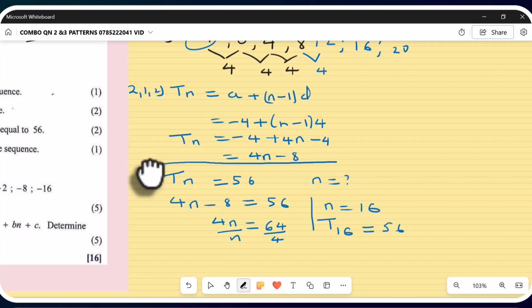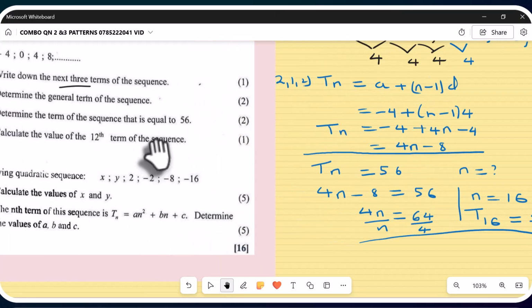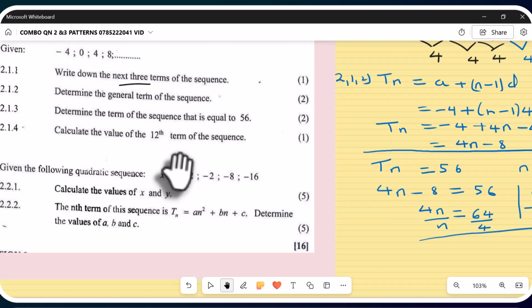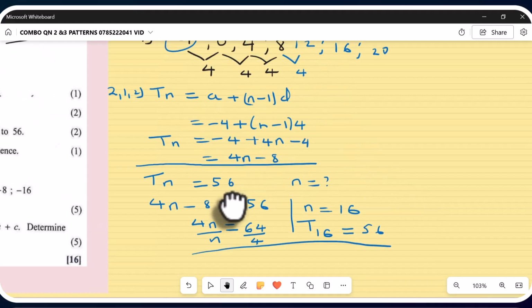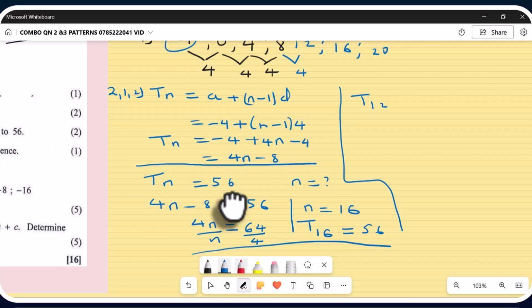Negative 2 minus 2, that's negative 4. Then negative 8 minus negative 2, that's negative 6. Then negative 16 minus negative 8, that's negative 8. And then negative 6 minus negative 4, that's negative 2, and negative 8 minus negative 6 is also negative 2. In the same way here, we must also get negative 2.